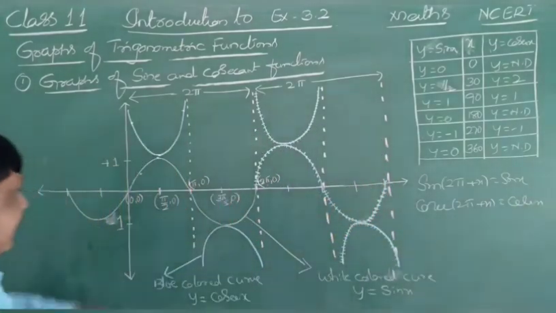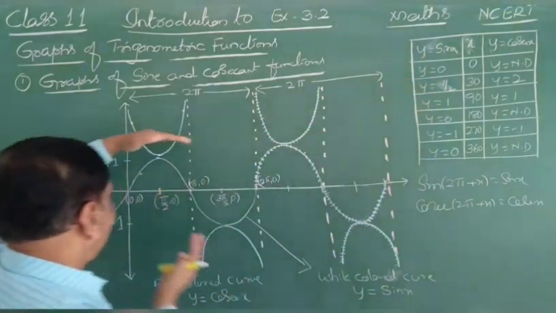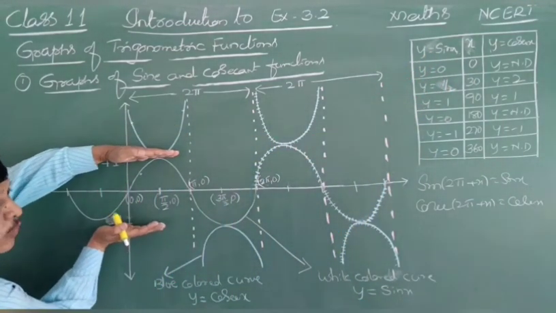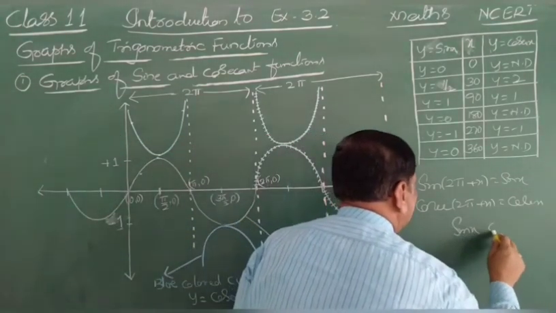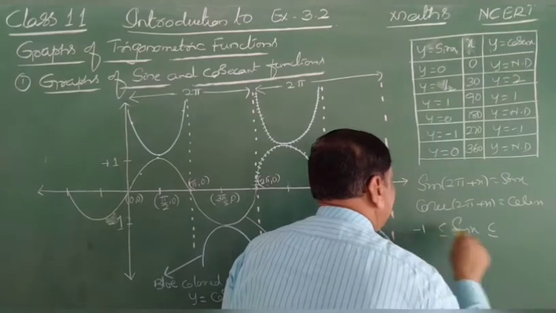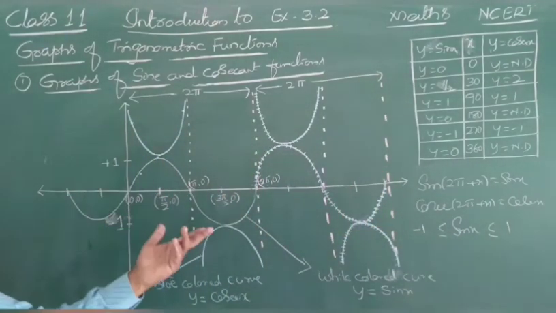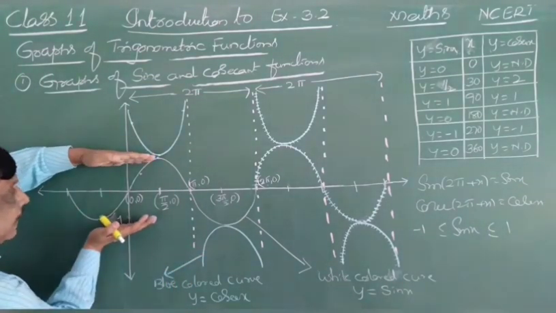And you note that for any value of x, the sine curve is oscillating between minus 1 and 1. Therefore, we say that sine x oscillates between minus 1 and 1. Whereas cosecant x does not lie in the interval minus 1 to 1.